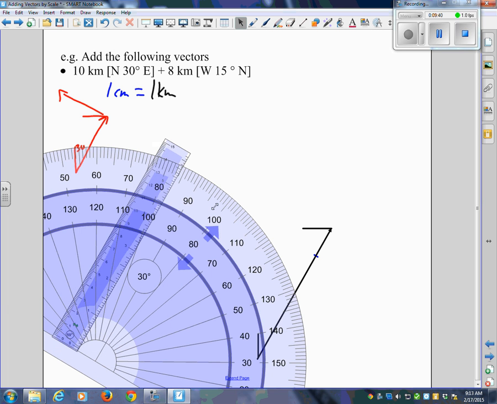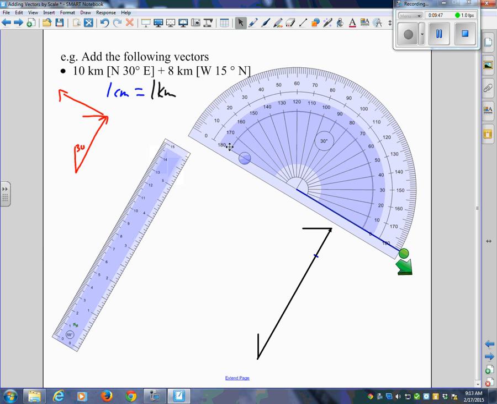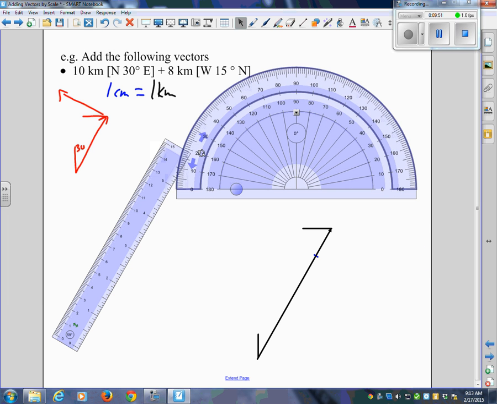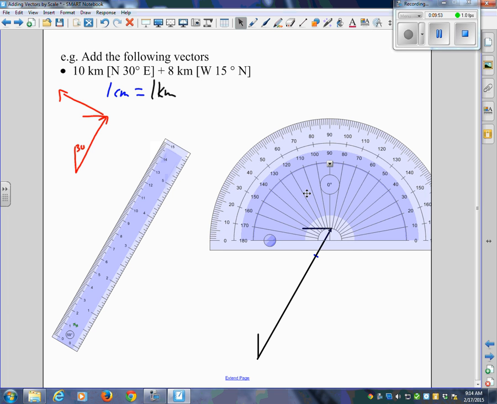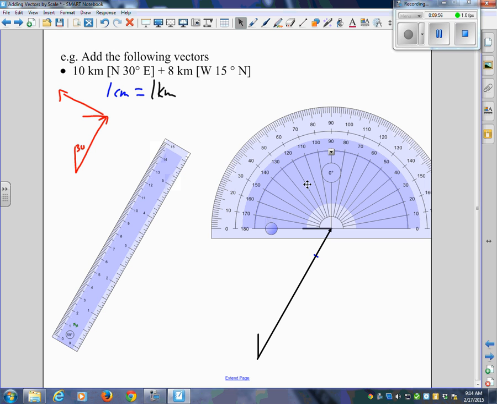Bring in the protractor again. 15 degrees north, right there.